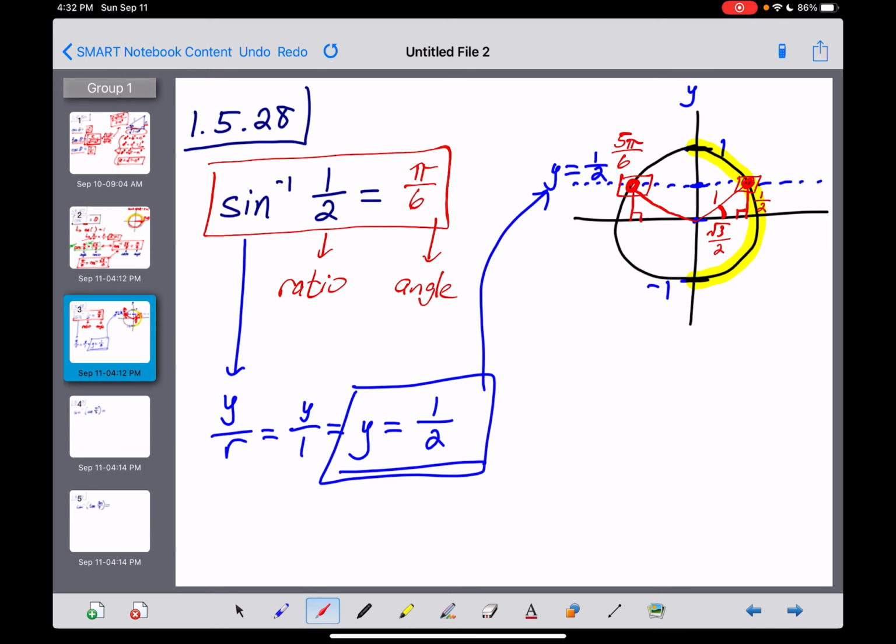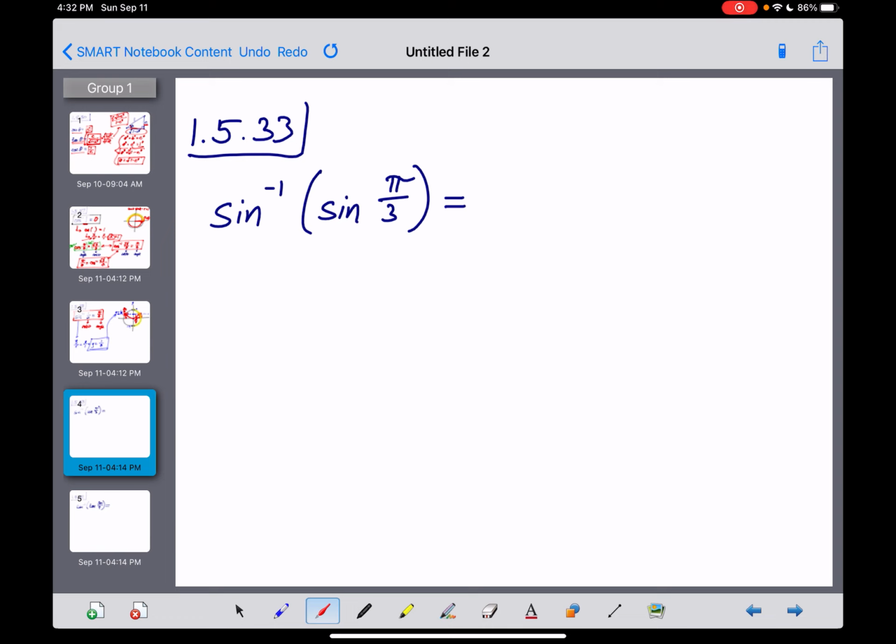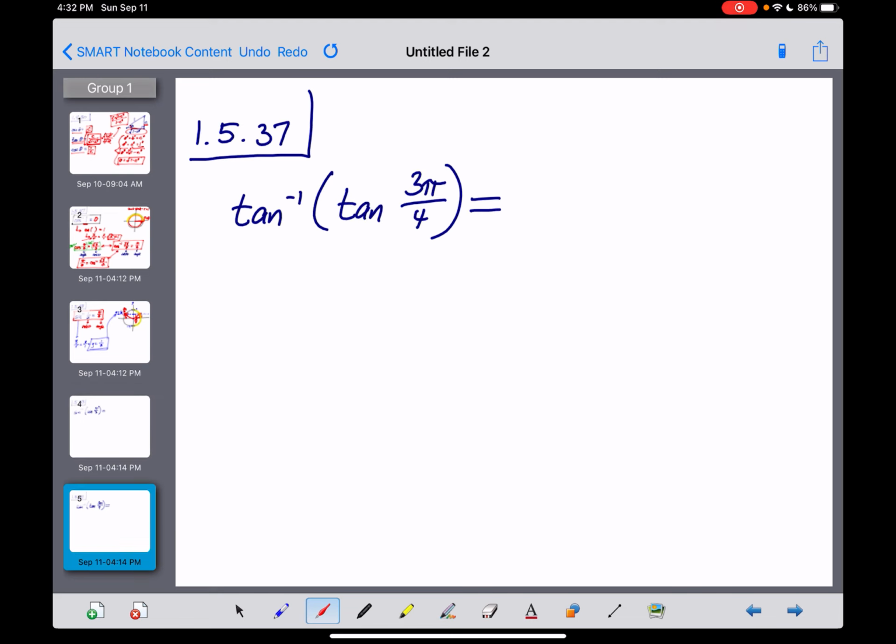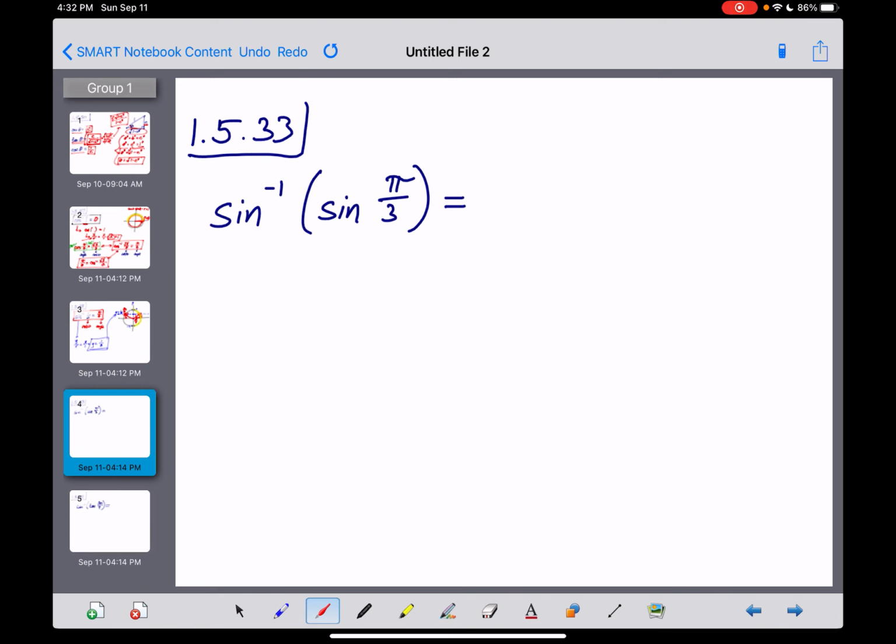Okay, now things start to get maybe just a little bit more interesting right here as we start to look at 33, and then 37 is where things get really interesting. So 33 is where they start throwing some stuff at you that's going to make you think a little bit. They're asking, what is the inverse sine of pi over 3?